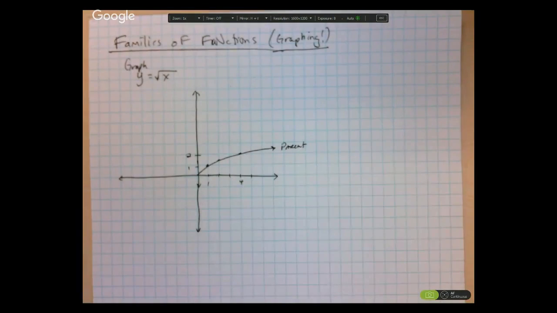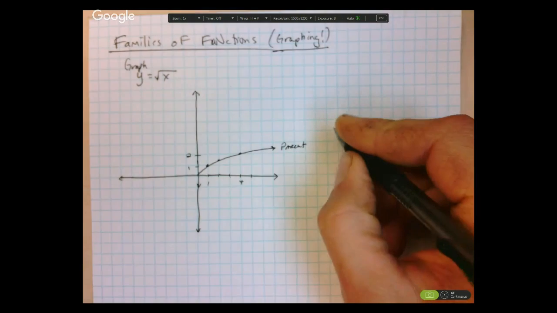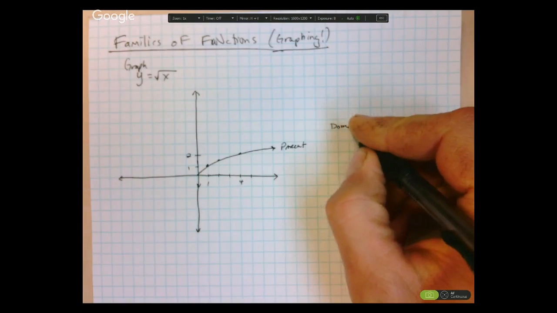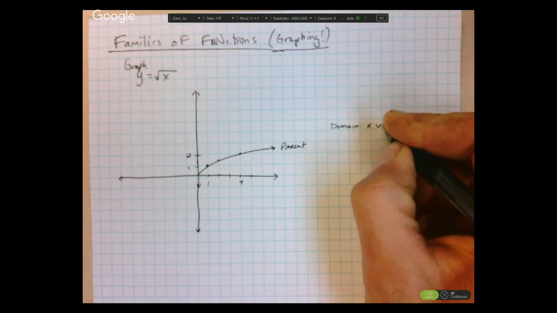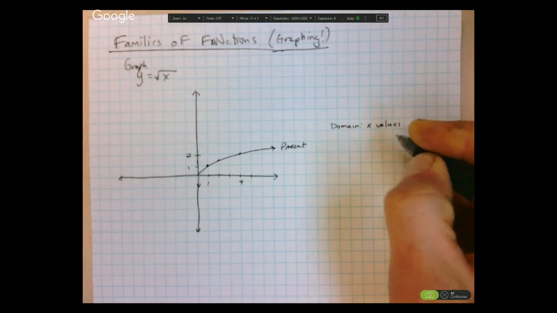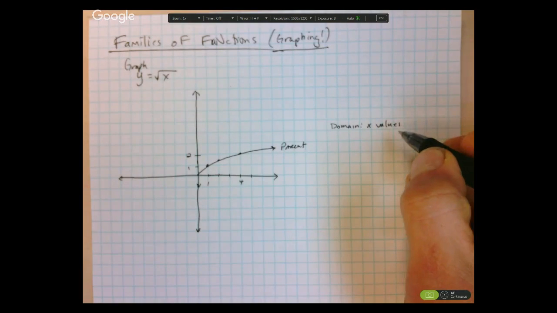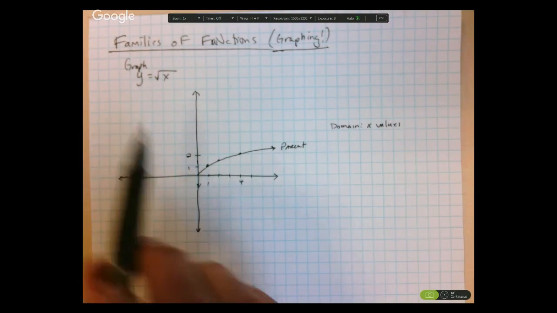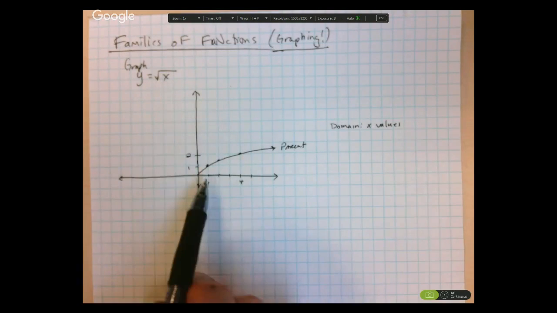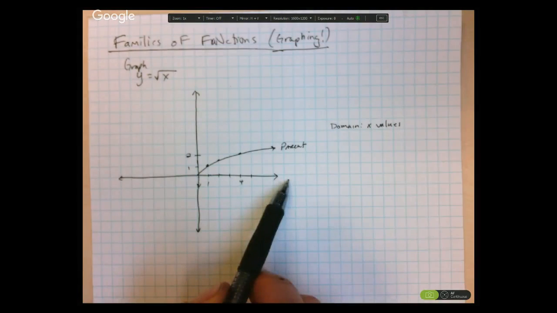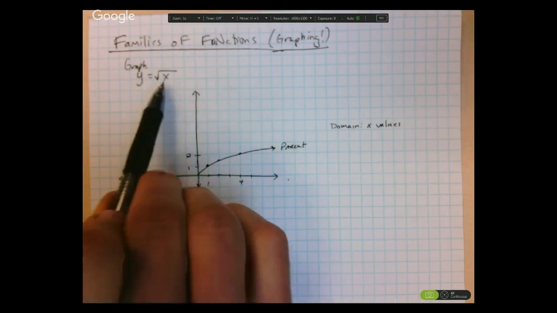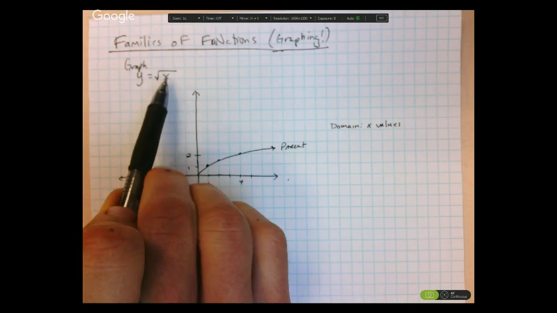graph. Okay. Things that you'll need to know. You need to be able to identify things like domain. Remember, that's the x values. You've been pretty good at identifying those. So what are our possible x values? 0 to infinity. I cannot put a negative inside a root and get a real number output.